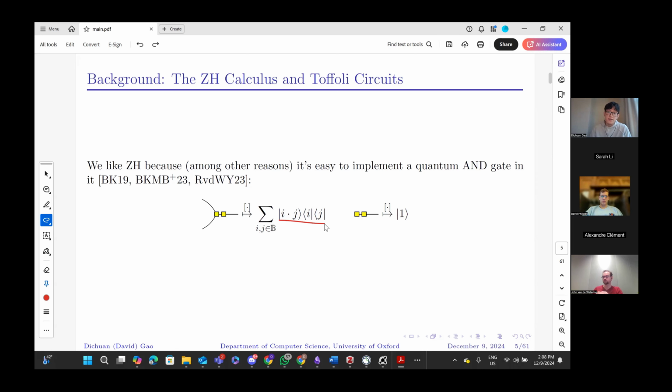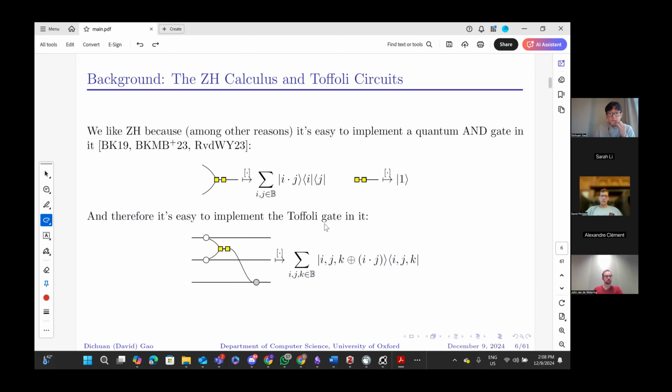And this corresponds to a classical function, which is not linear in F2. This is particularly useful because that allows us to implement the Toffoli gate in my ZH calculus with much more ease than what we can do in the ZX calculus directly.